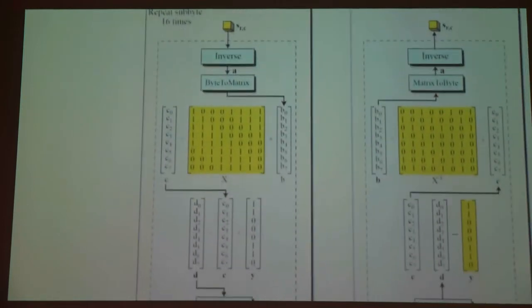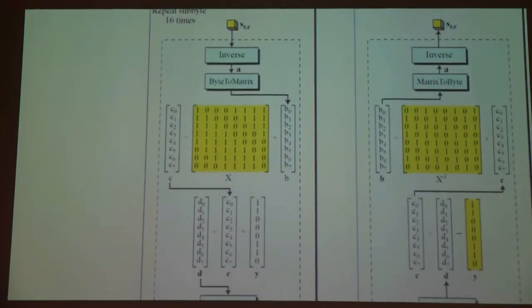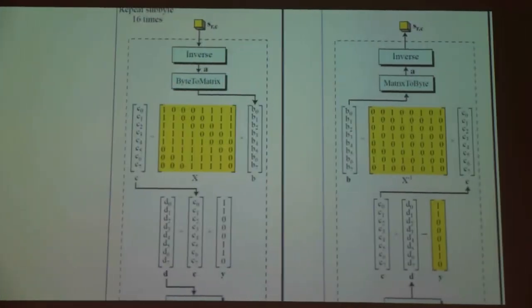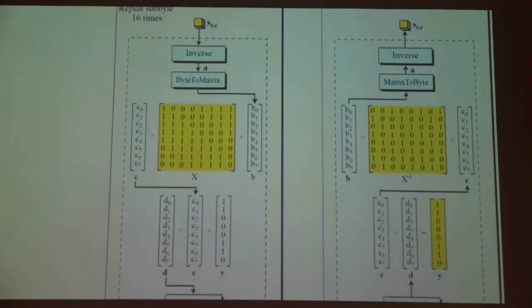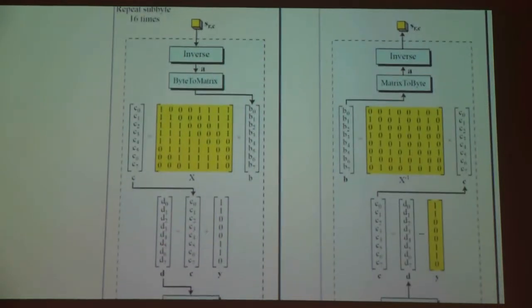Okay, you do the inverse. What is the inverse? It is the multiplicative inverse, and the byte is converted to a matrix. There is an X matrix. This is the X matrix.